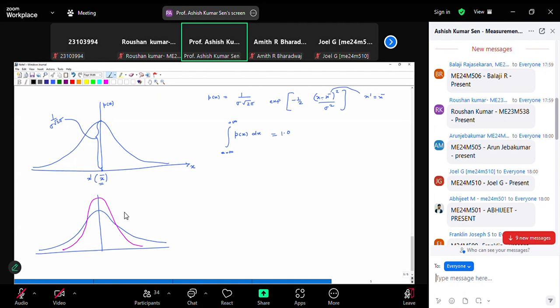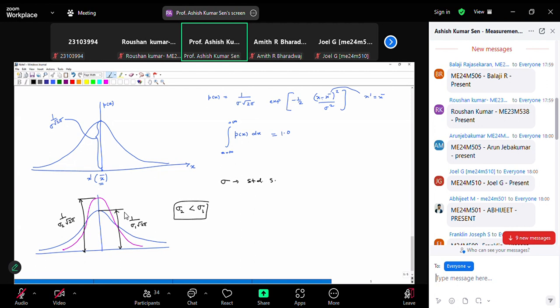This height here could be 1 over sigma 1 square root of 2 pi, and this height here is 1 over sigma 2 square root of 2 pi. I can say that sigma 2 is less than sigma 1. And sigma, we said, is the standard deviation in the data.